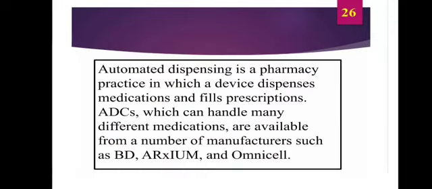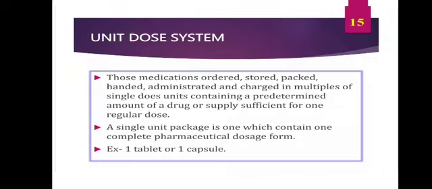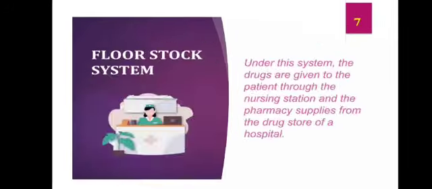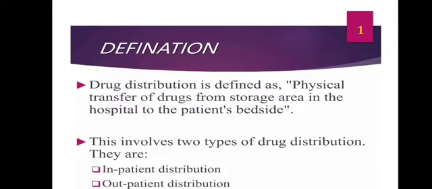Then the first one we are going to see. What do you mean by a drug distribution system in the hospital? A drug distribution system in a hospital is the method by which medications are stored, prepared, dispensed and delivered to patients in a safe, effective and timely manner.